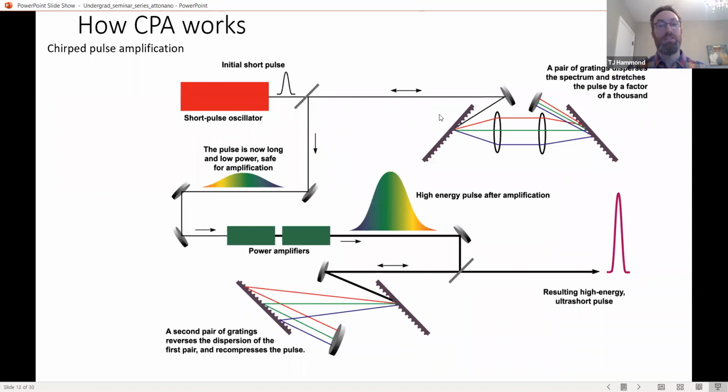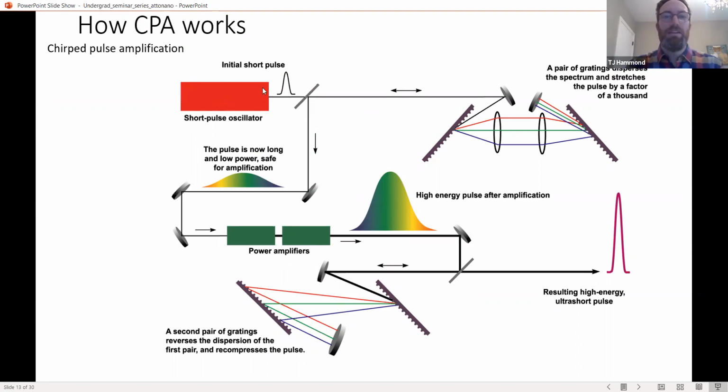Her PhD project was actually making chirped pulse amplification. This is what led to the Nobel Prize in 2018. They came in with a short pulse oscillator. A laser itself doesn't produce very intense pulses. These tend to be very short, but they can't be that intense.